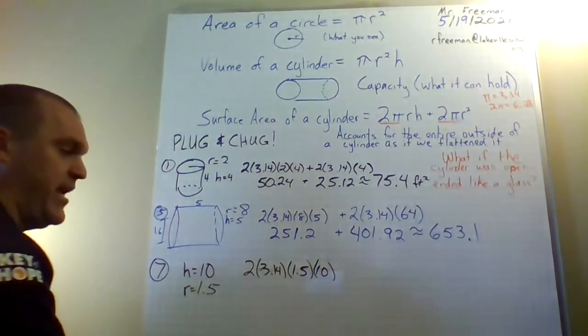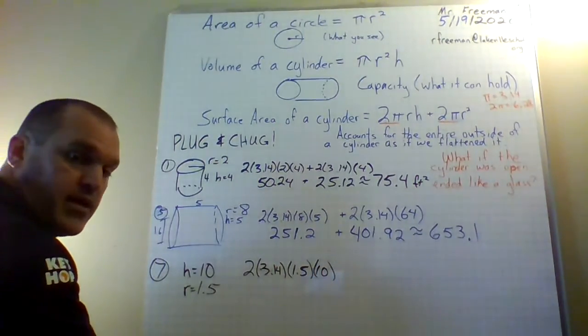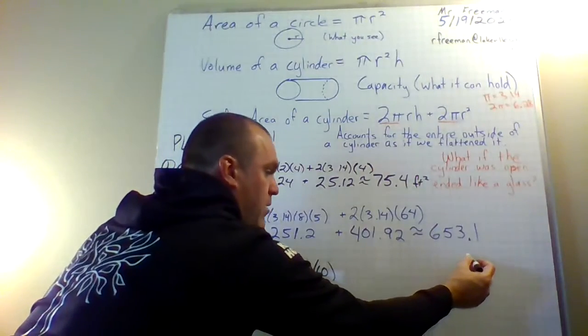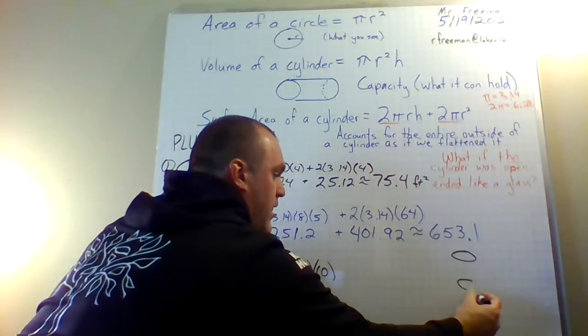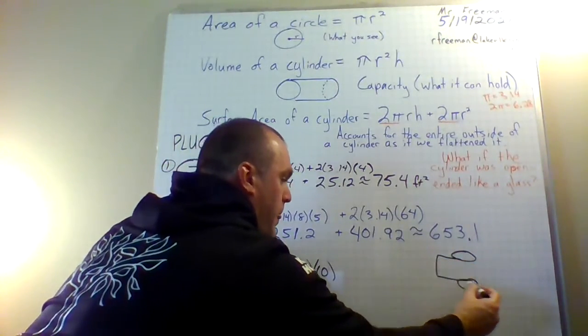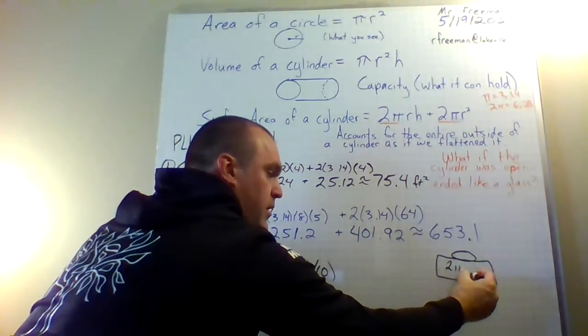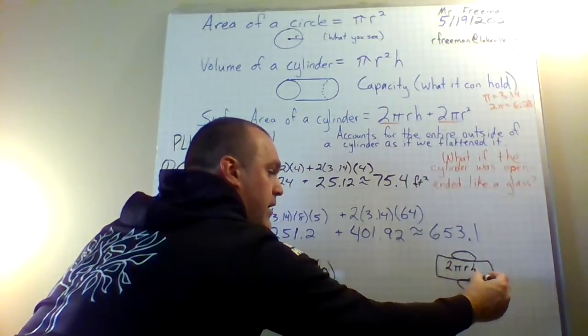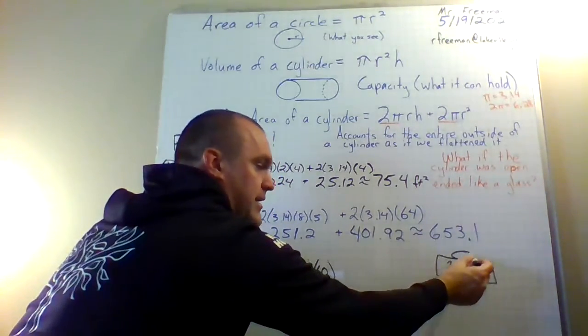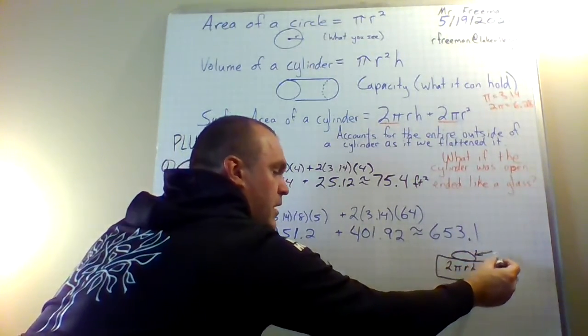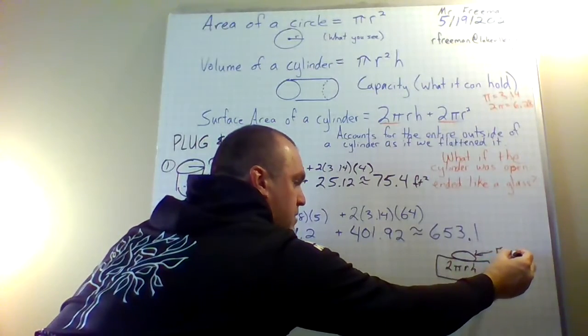Now none of that changed because that represents, if I can, I'll write my picture over here again. Remember that this was our surface area thought. Okay? And this part in here is what the 2 pi r h is. And then these guys are the pi r squared.